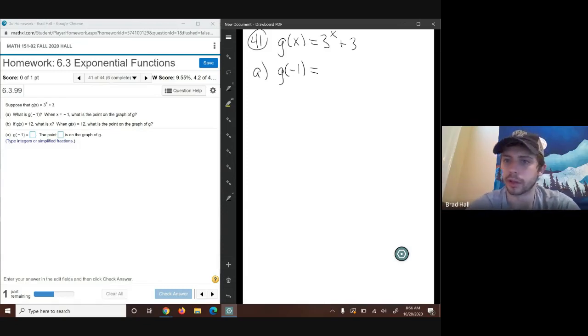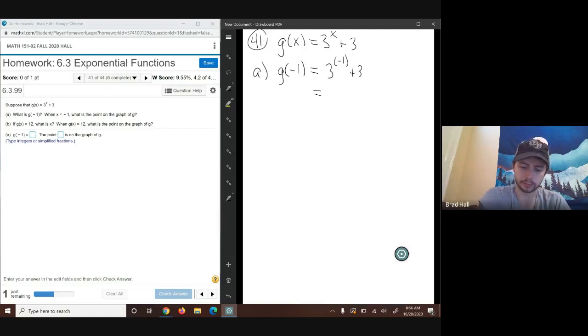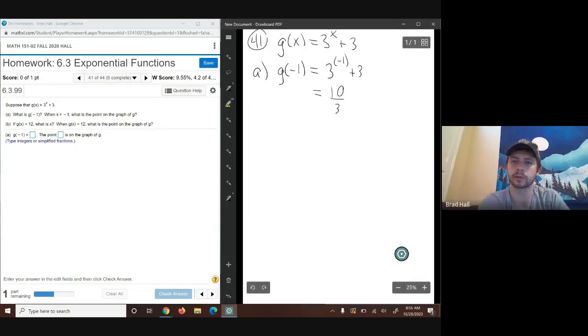So for g of negative 1, we simply plug in negative 1 for x. And so if you were to plug this in your calculator, 3 raised to the negative 1 plus 3, you get 3.333. If you convert that to an improper fraction, because you have to provide your answer as a fraction, it's 10 over 3.